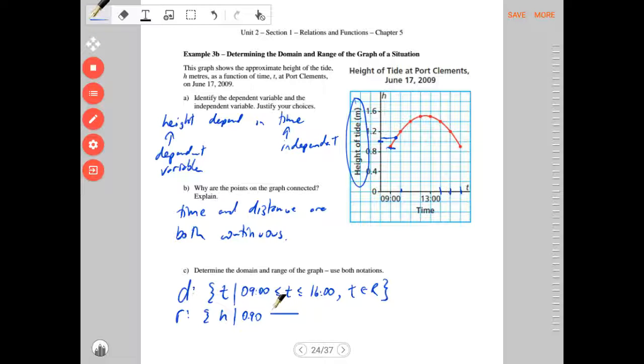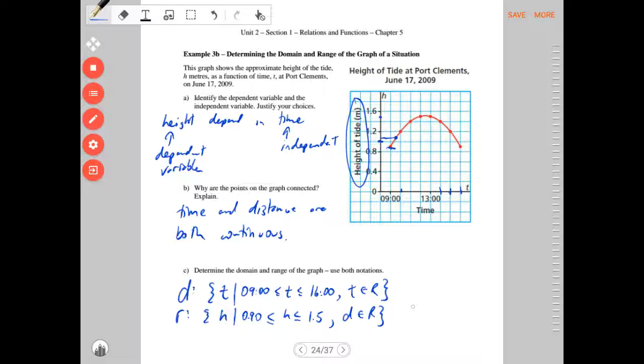And then we go up to, it looks like, 1.5 meters. So height is less than or equal to 1.5 meters, and the height is also an element of the reals because those heights can be anything in between as well.